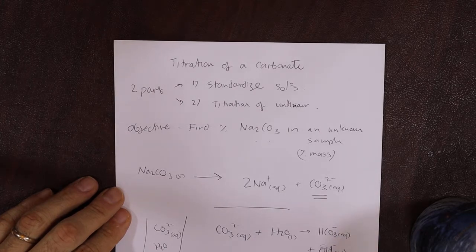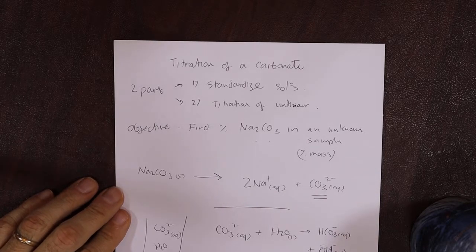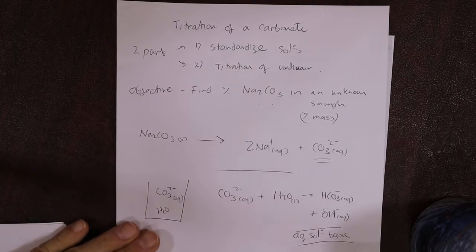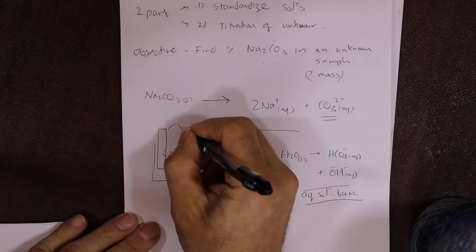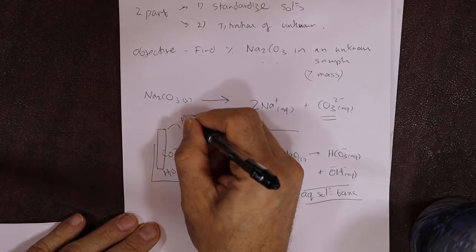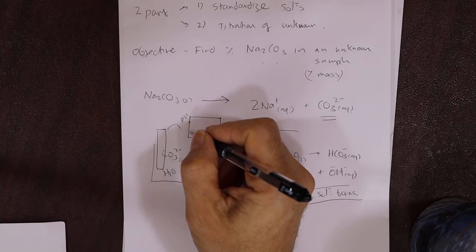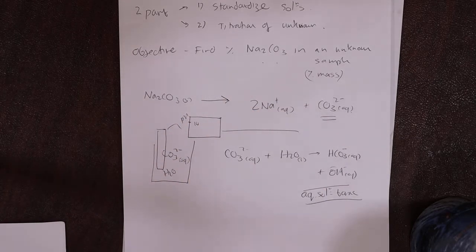So the bottom line is a solution of sodium carbonate by itself is basic. So if you, let me move that up for you. So if you throw a pH probe in there, boom, it'll probably come out around 10 or something because it's basic. All right, so that's what we're starting with.